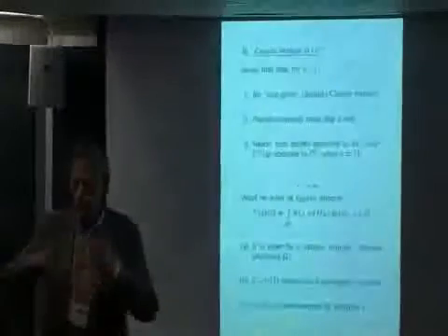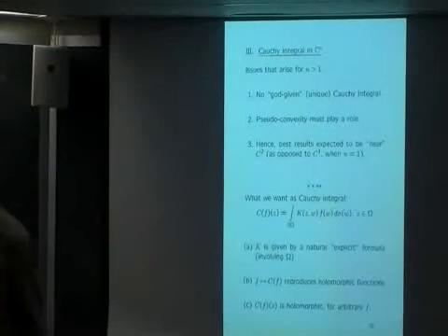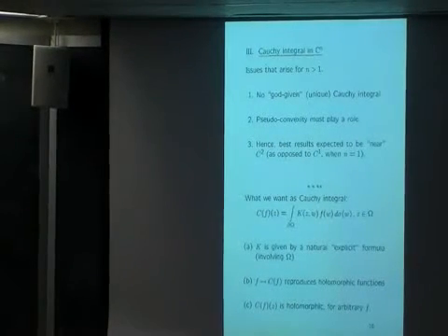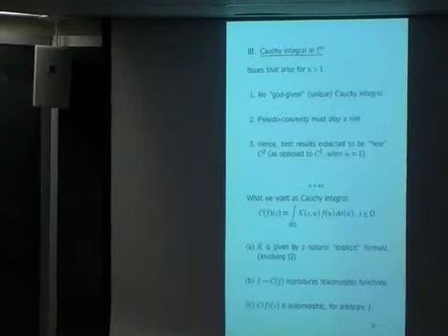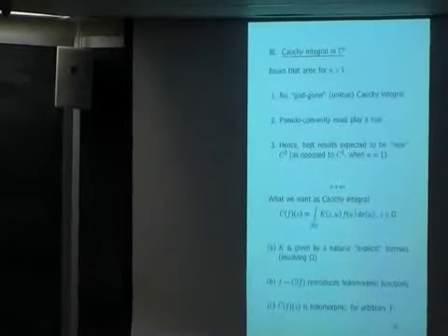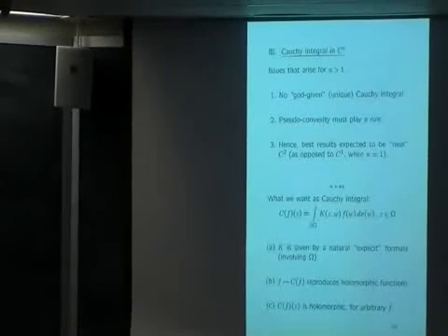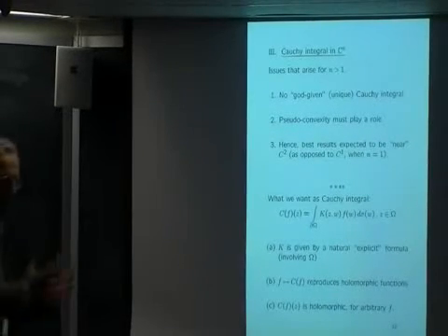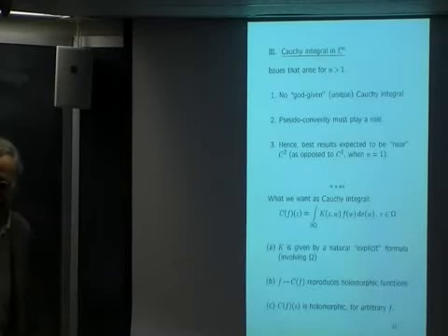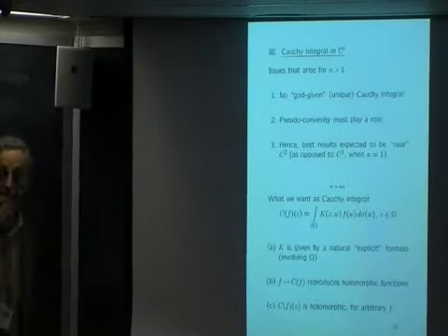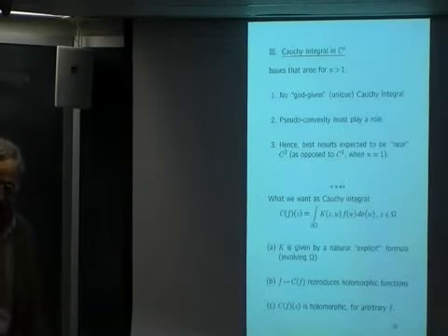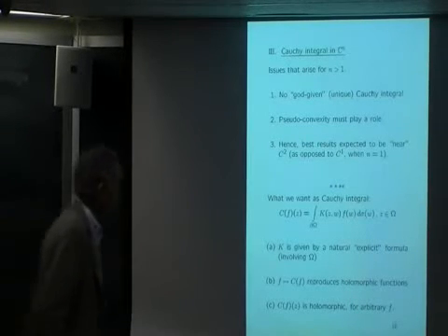Secondly, here's another thing that you don't see at all in one complex variable. Pseudo-convexity has to play a role in the domain. That's just experience, everything in several complex variables. You can't just think of things happening on domains, even if they have smooth boundaries. Pseudo-convexity plays the role.